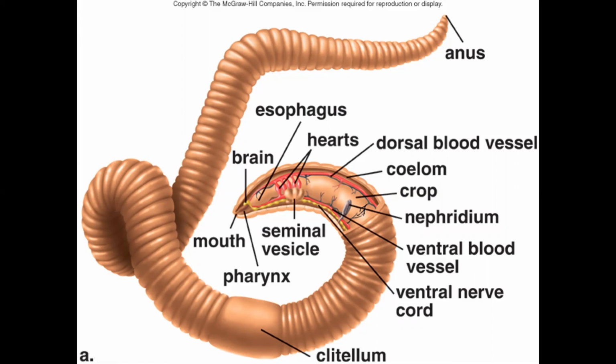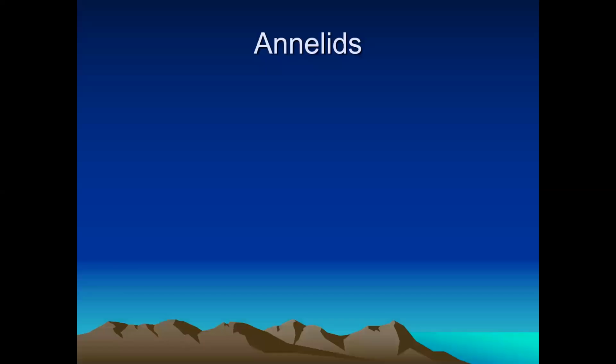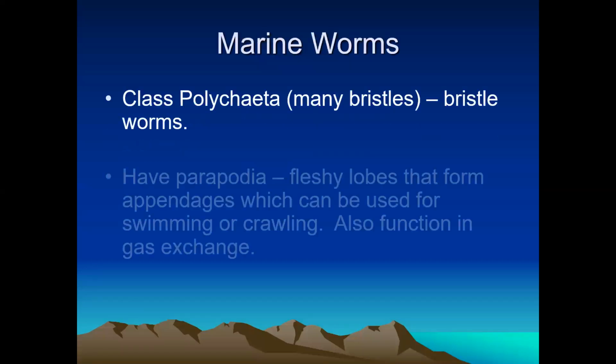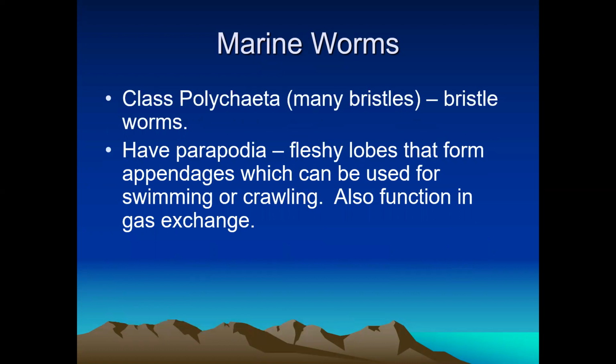That's because these organisms still rely upon diffusion of gases through their body structure, their skin, their outer lining. And so that's why earthworms have to stay moist, because as long as this stays damp, stays wet, then they can exchange gases through their skin.